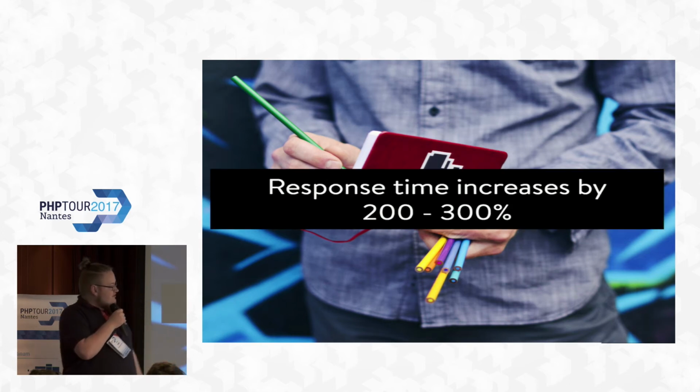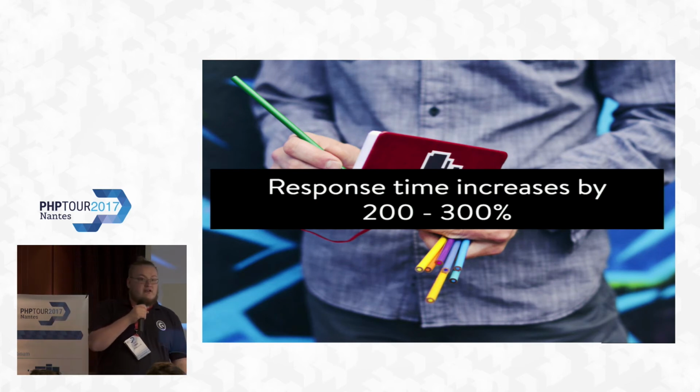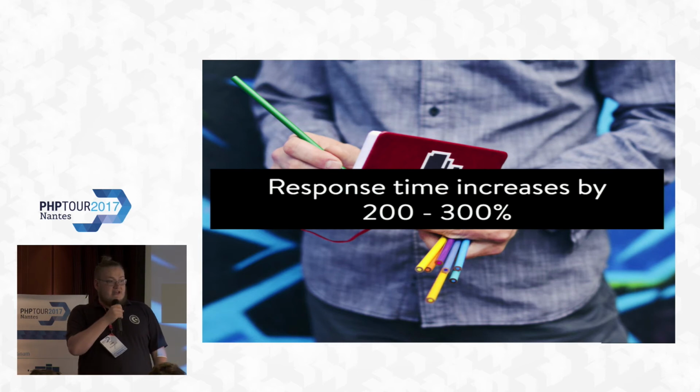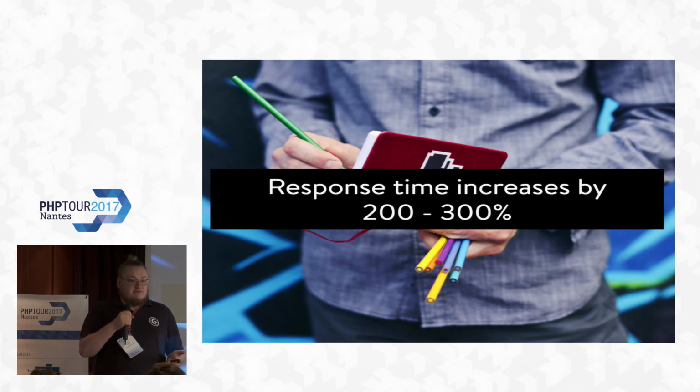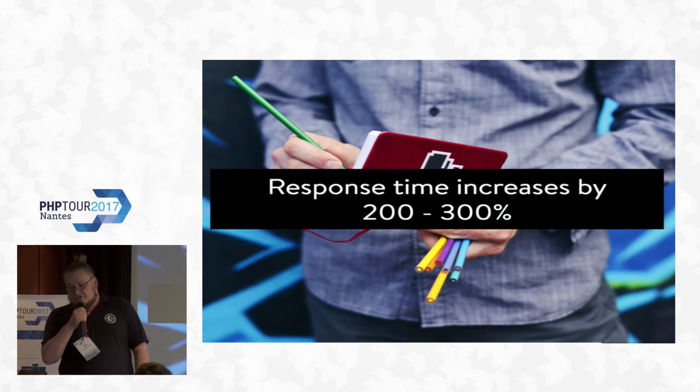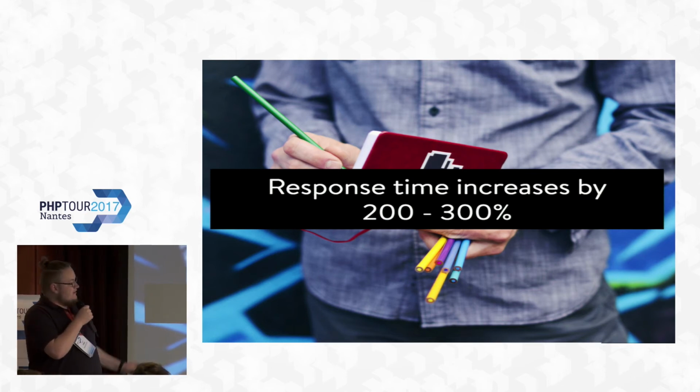Another time, the response time increased by 200 to 300%. Sounds like a lot. In the end, we had 200 or 300 milliseconds on average. Nothing you would recognize if you just open up the page. An increase from 100 to 200 or 300 milliseconds, nobody would recognize that. So that was quite handy.